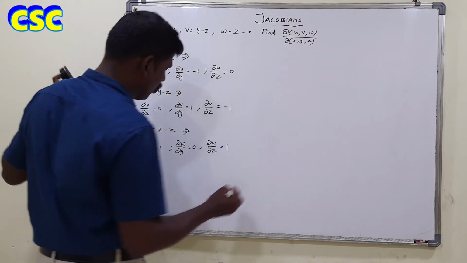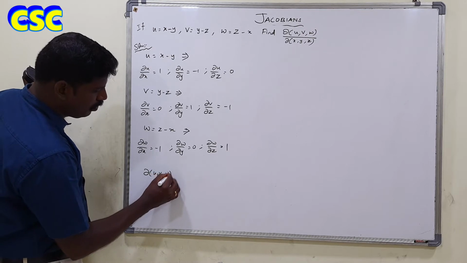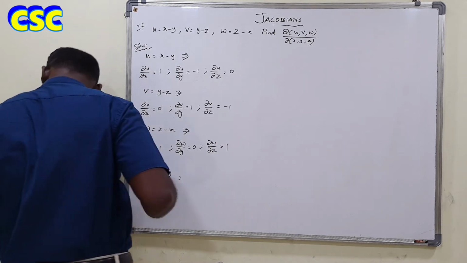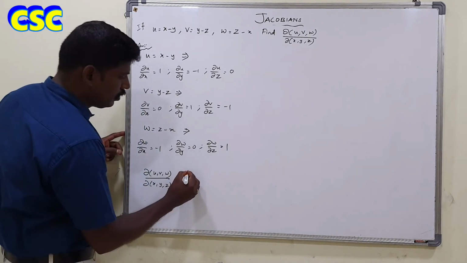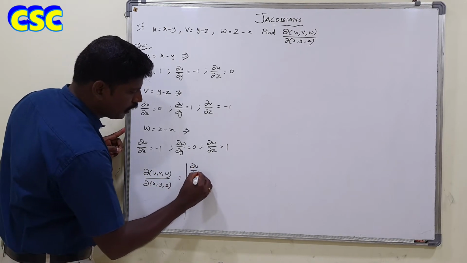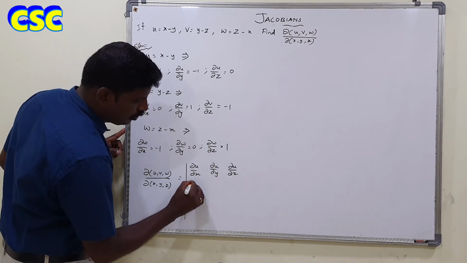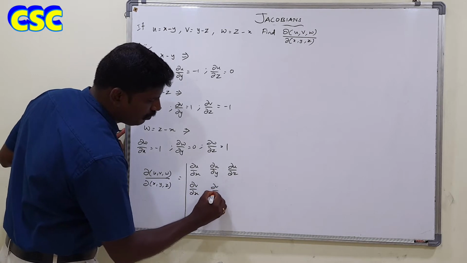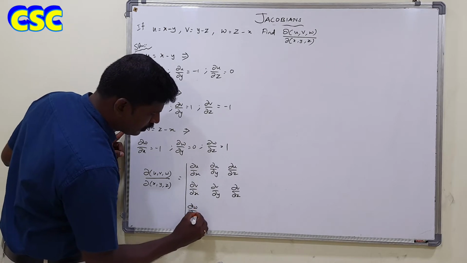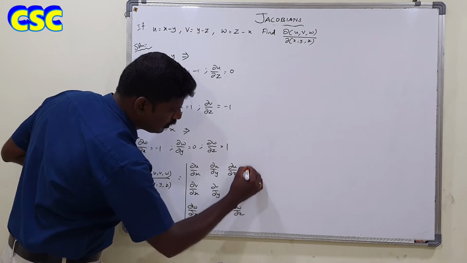Right? So what is the Jacobian value? What is the value of dou of u, v, w with respect to x, y and z? That is equal to a 3 by 3 determinant: dou u by dou x, dou u by dou y, dou u by dou z; the same way dou v by dou x, dou v by dou y, dou v by dou z; dou w by dou x, dou w by dou y, dou w by dou z.